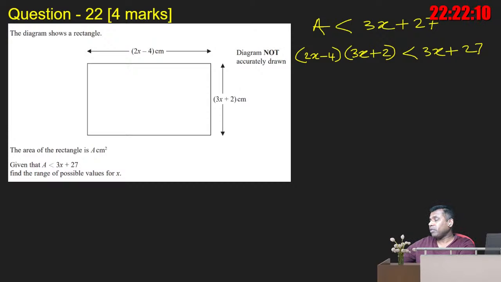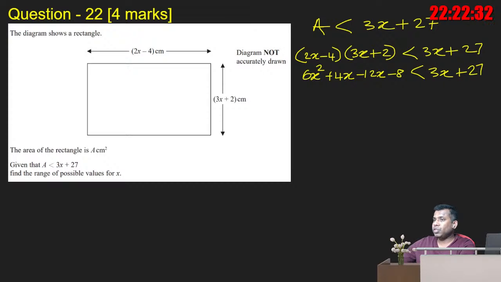So I'm going to use the FOIL method, first, outside, inside, last, making sure you find the expression. So 2x times 3x is 6x squared. 2x times 2 is 4x, minus 12x, minus 8, less than 3x plus 27.